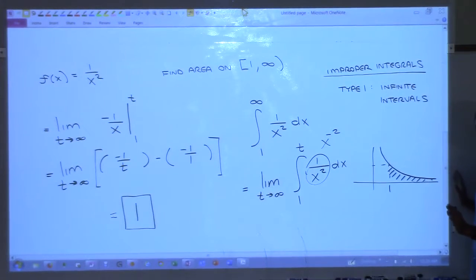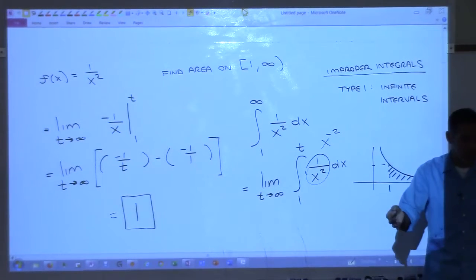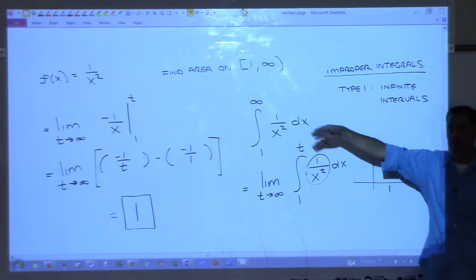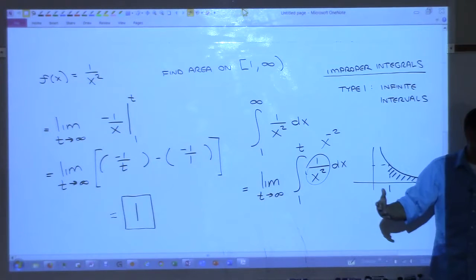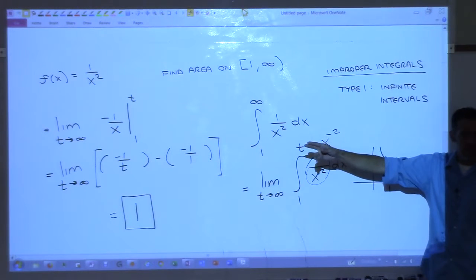If I stopped at 100, it would be even closer to 1. If I stopped at 1,000, it would be even closer. Maybe it's like 0.99999, right? If I stop at 1,000,000, maybe it's like 0.99999 with like 39 nines. If I stop at 1,000,000,000, it's going to be like maybe 0.9 with like 1,000 nines.